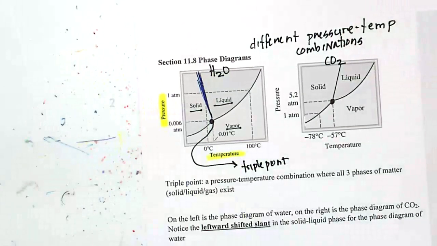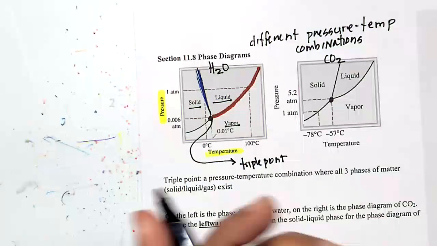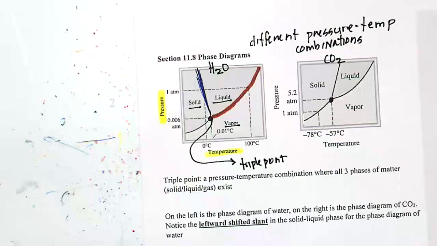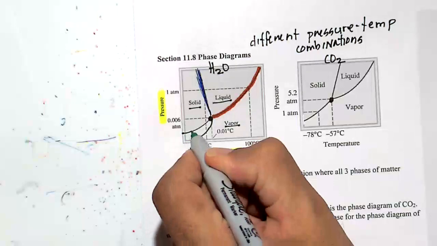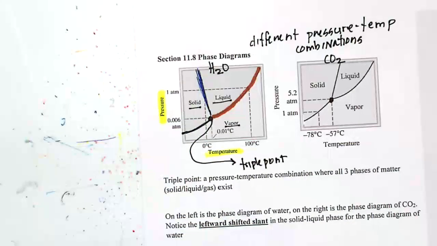And there are some where you straddle the line between liquid and gas. And then there's some where you straddle and you are essentially both a solid and a vapor. Okay? So that's really all I'll ask you for as a phase diagram.